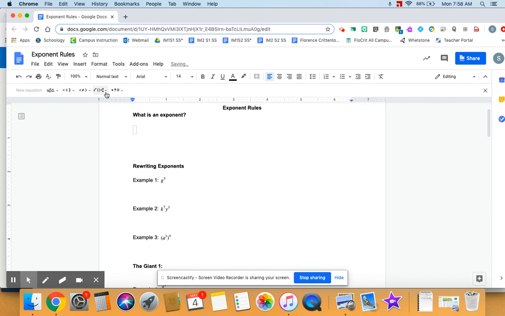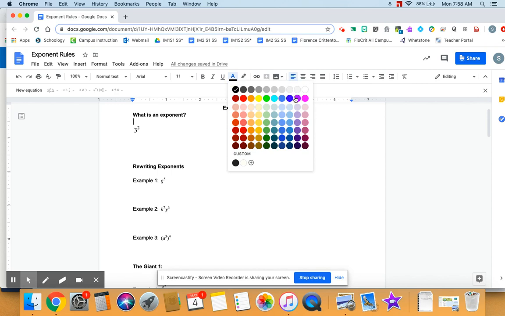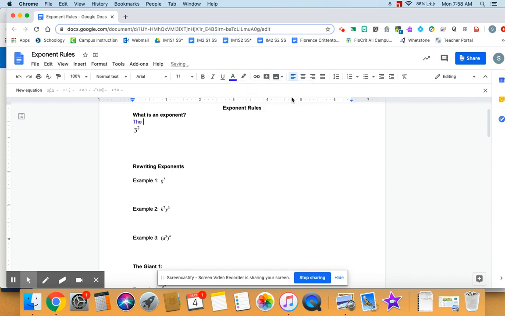Remember, an exponent is technically the little tiny number in the upper right-hand corner. So the 2 in the example below.